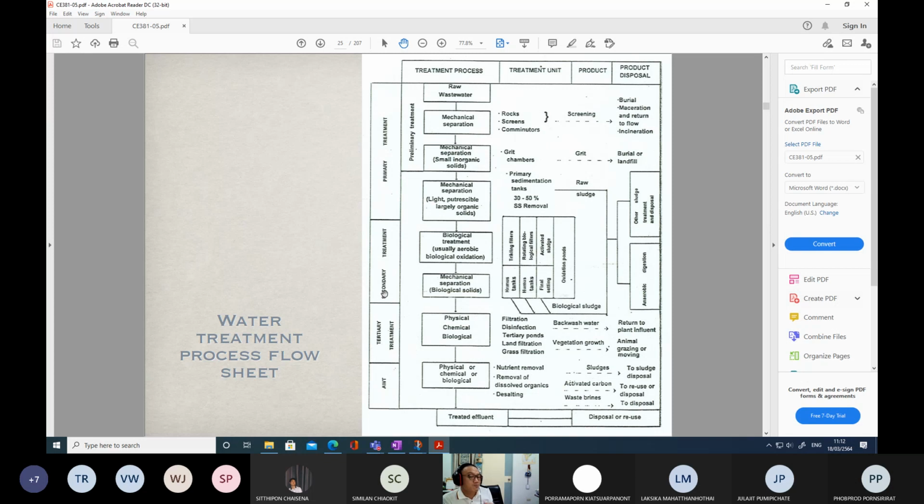That is why we have to provide extra treatment to remove those contaminants. So extra treatment, normally we call tertiary treatment, or sometimes we call it advanced water and wastewater treatment processes.